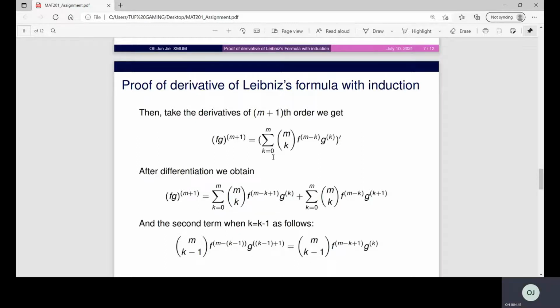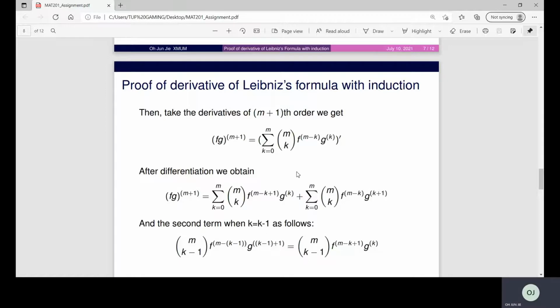Because the binomial m choose k is a constant, we can just leave it. And in the second term, we set k equals k minus 1.